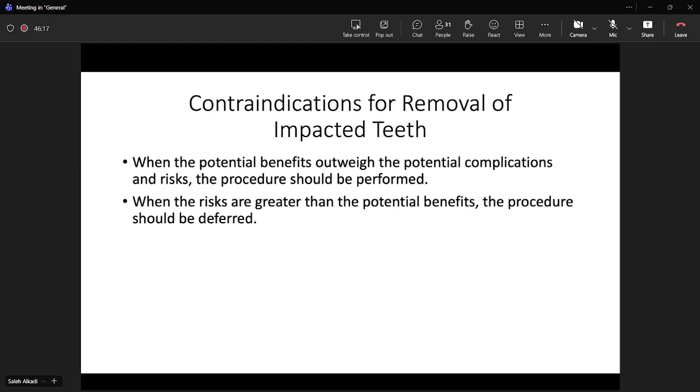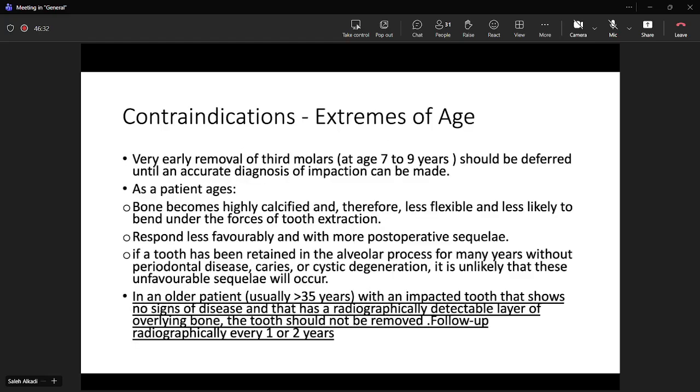A contraindication for removal of impacted teeth is when the risks outweigh the potential benefits of removing these impacted teeth. So when the risks are greater than the potential benefits, then this procedure should be deferred or abandoned. One of the contraindications is the extreme of age.